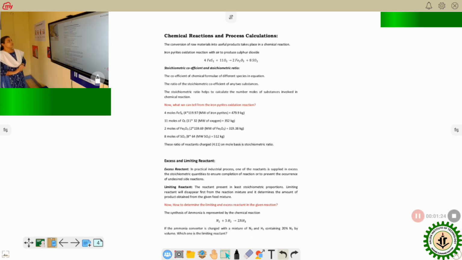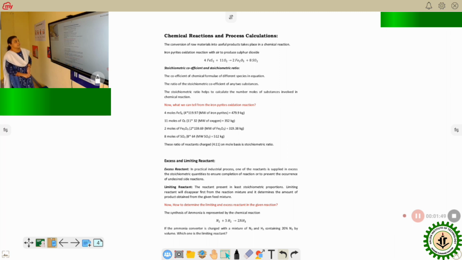Now, coming to chemical reactions and process calculations. The conversion or transformation of raw materials into products takes place in a chemical reaction. For solving material balance and energy balance problems involving chemical reactions, it is essential to write a balanced chemical reaction.